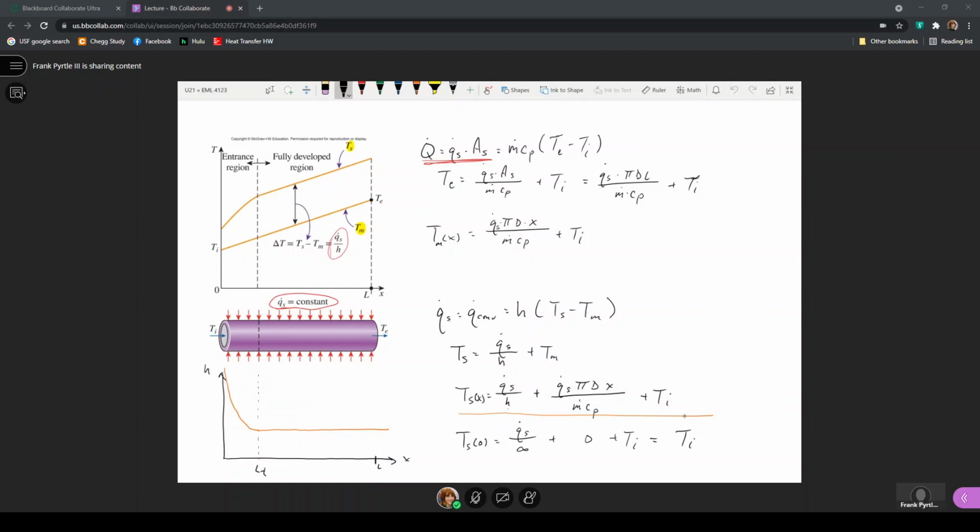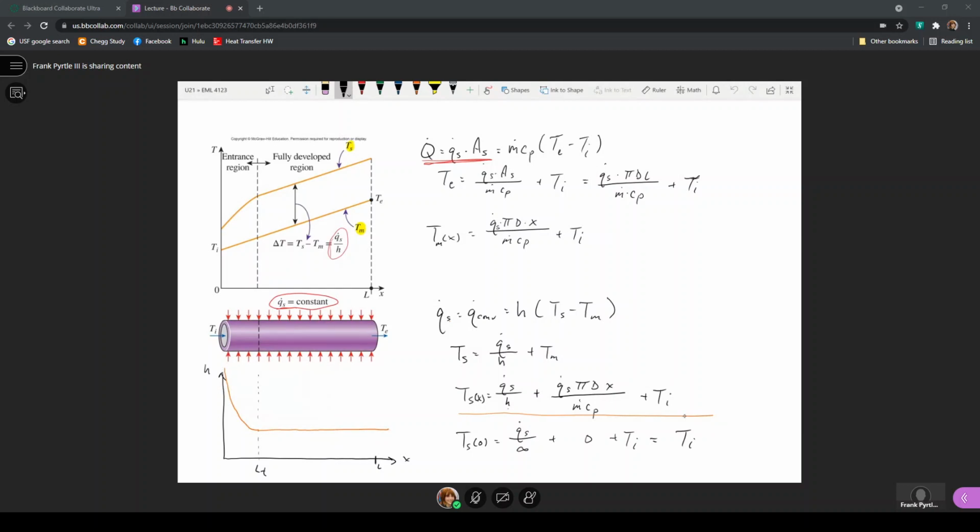The temperature variation of the surface of the pipe is going to vary in the entrance region, and that's just because the heat transfer coefficient is going from a high value to a lower constant value at the end of the entrance region where it becomes constant.